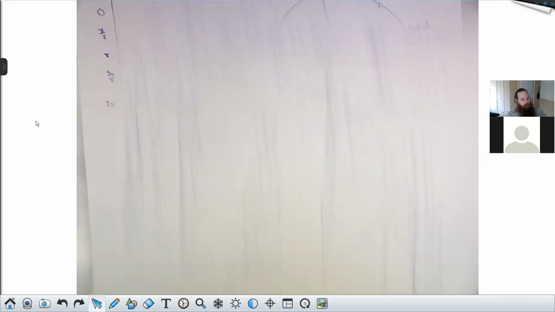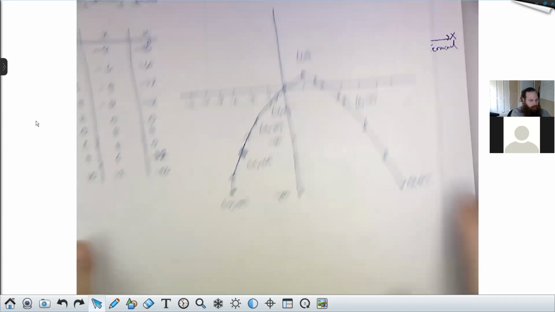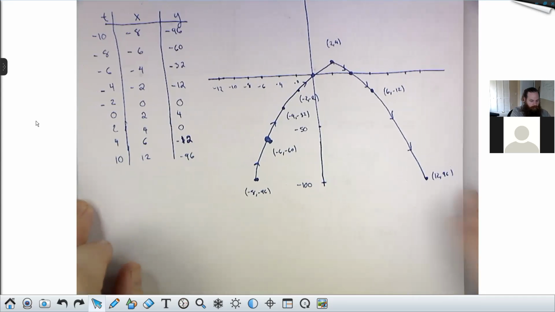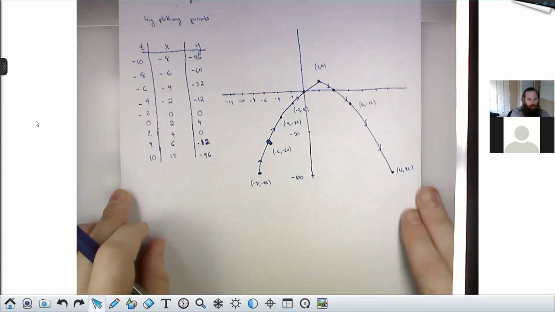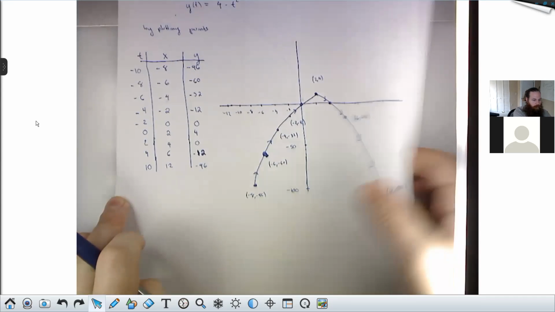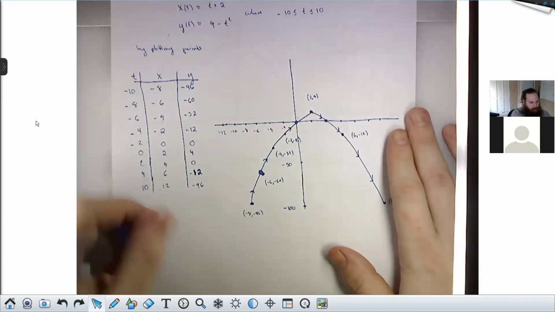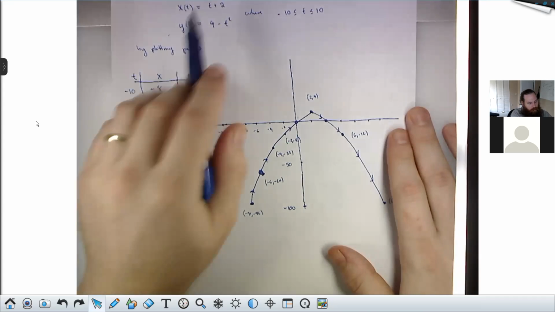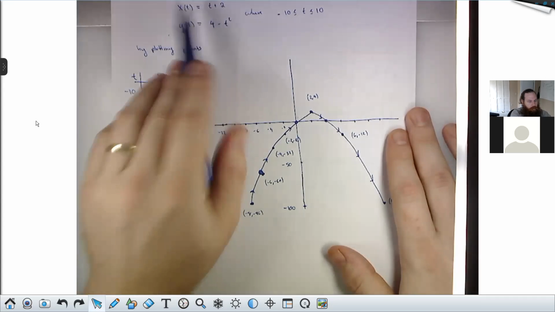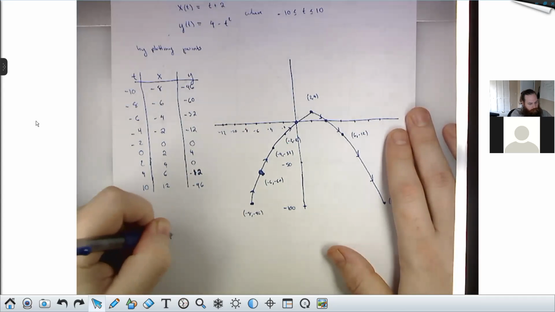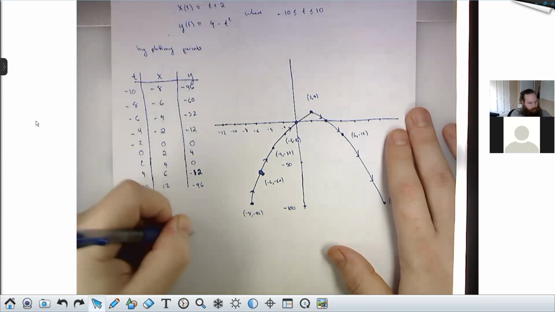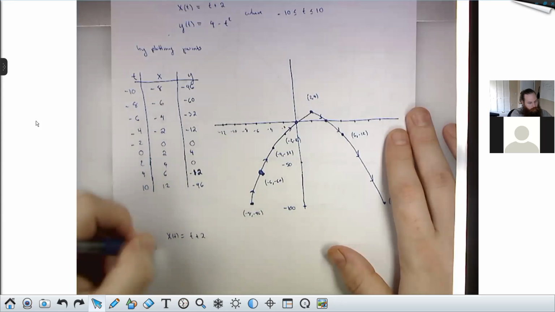All right, let's go back to that first example. This guy. And rather than plotting points, again, let's eliminate the parameter. Here, things are a little bit easier. There's no trig. It's all just algebra. So if I solve this equation, I know right now that x of t is equal to t plus 2.